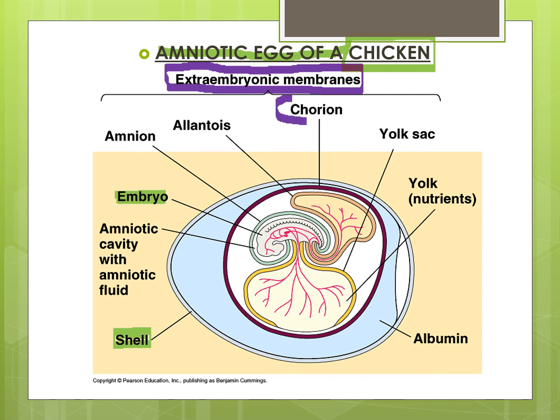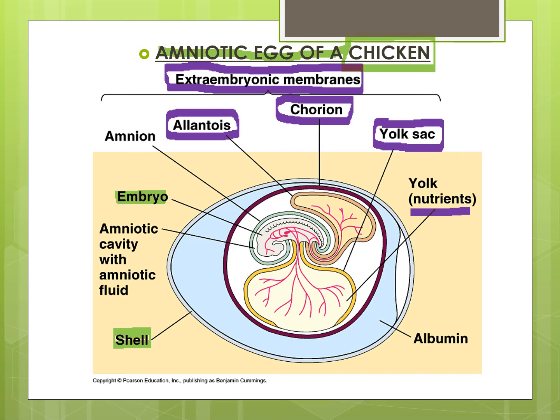Firstly, we have the chorion, and your chorion assists in gaseous exchange. We then have the yolk sac, and the yolk sac contains nutrients or yolk that the embryo can feed off of. Next, we have the allantois, and the allantois helps with gaseous exchange and also helps with excretion. So this is where the embryo will excrete its waste into.